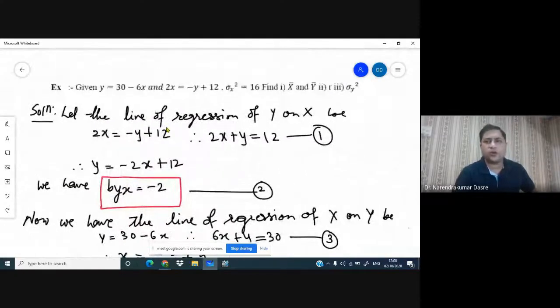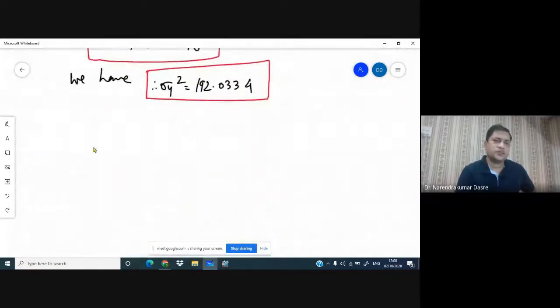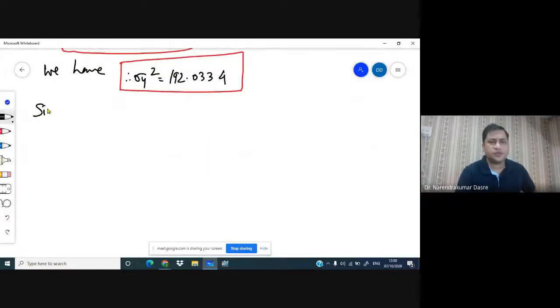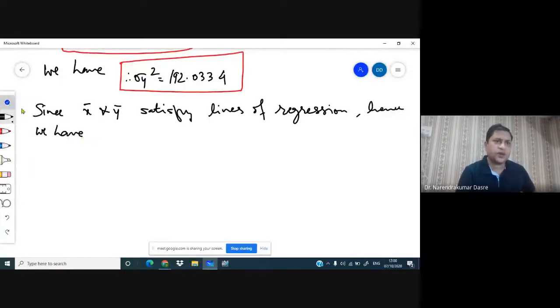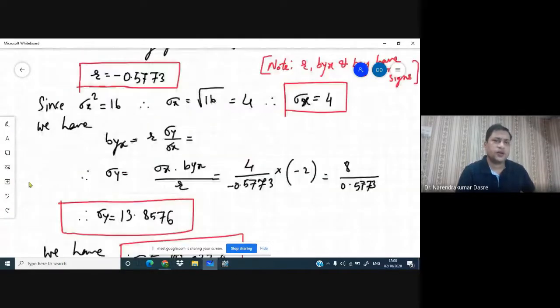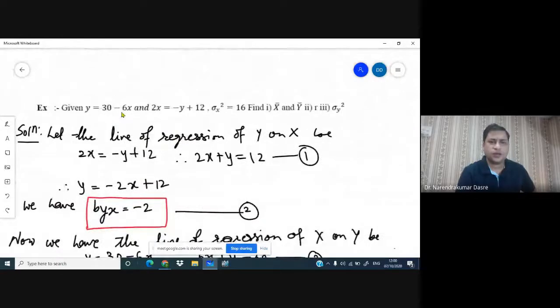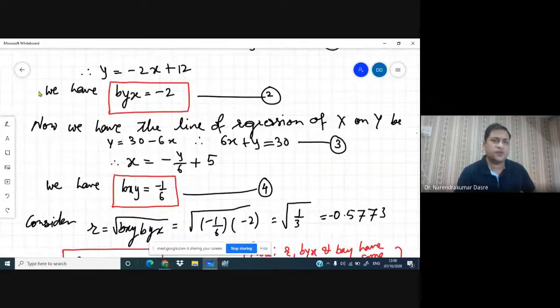And now what do we want? We want x bar and y bar. Since x bar and y bar satisfy the lines of regression, we have the first line of regression, which I can write as 2x plus y is equal to 12.